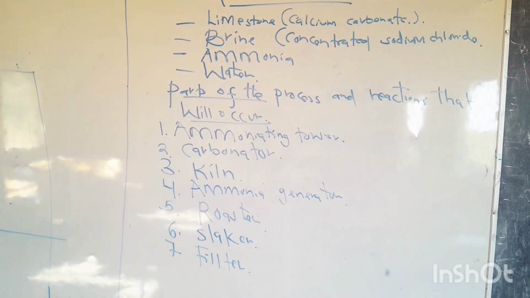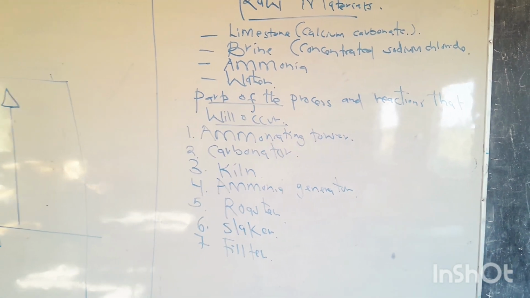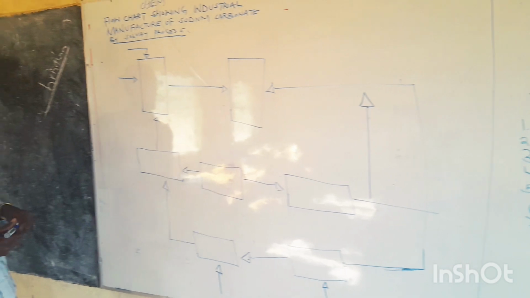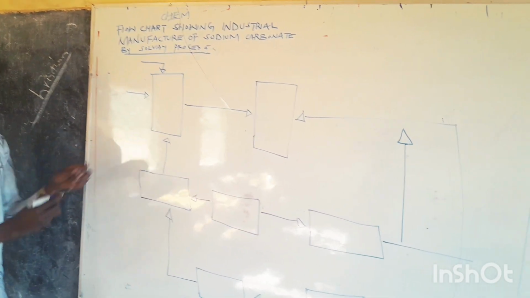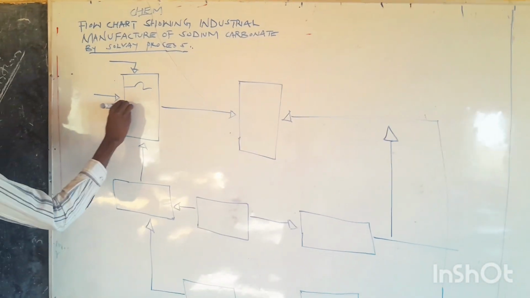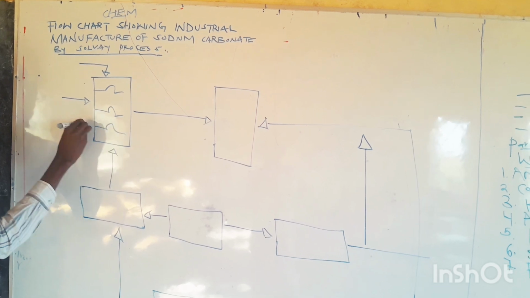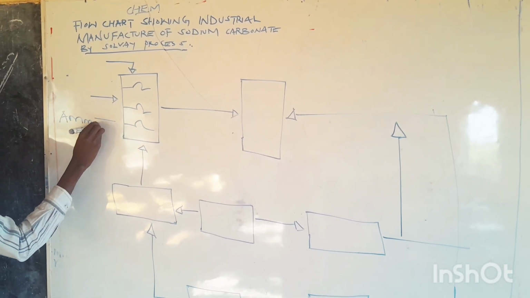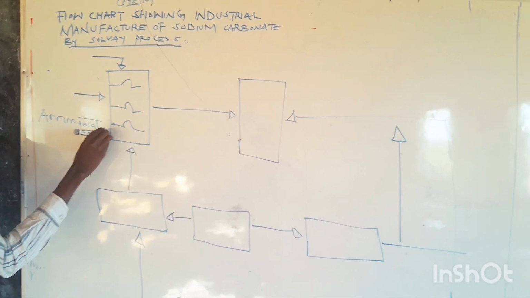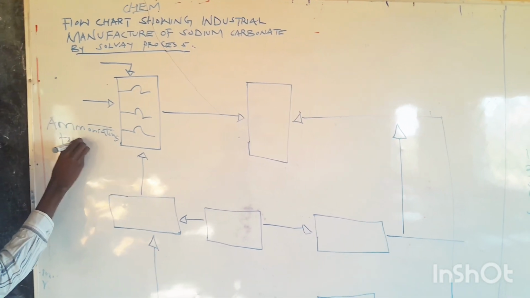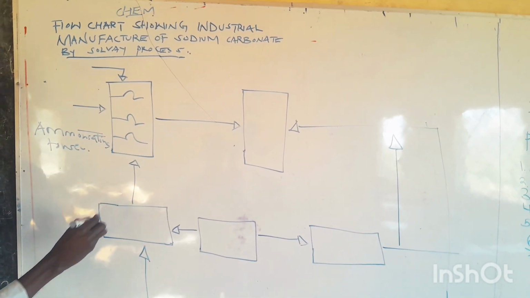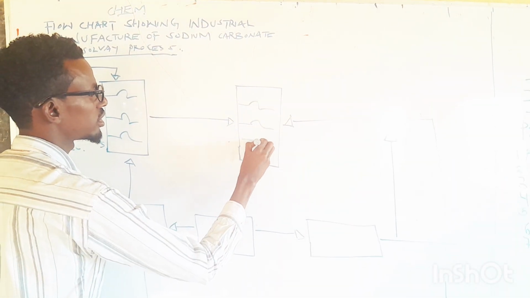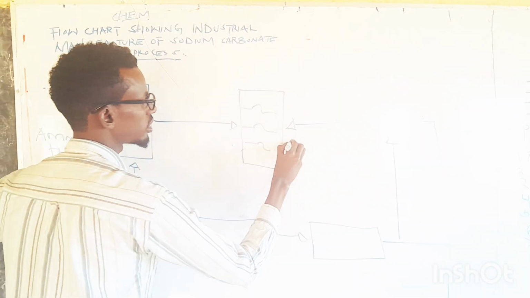So let's come to the flow chart of the Solvay process. This is the flow chart now. We have the first chamber, the ammoniating tower. We have here the carbonator.